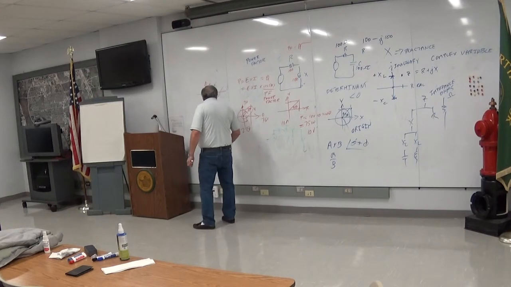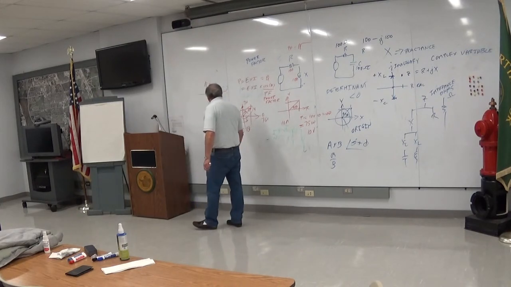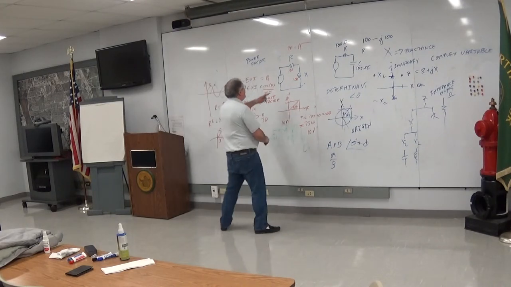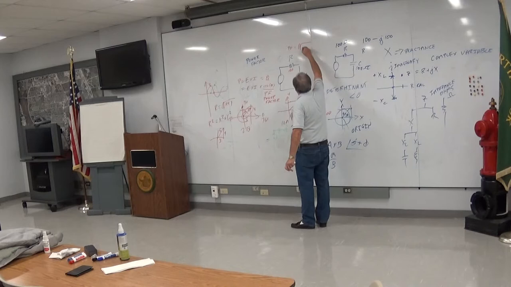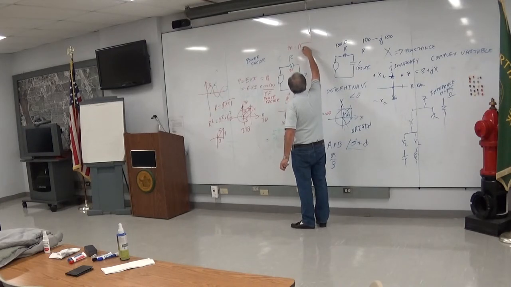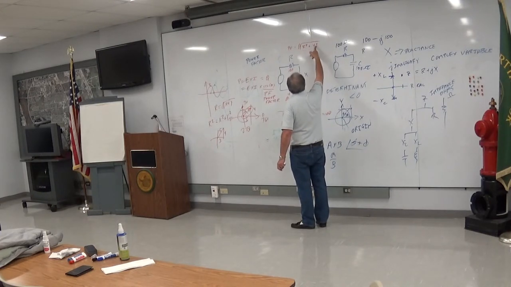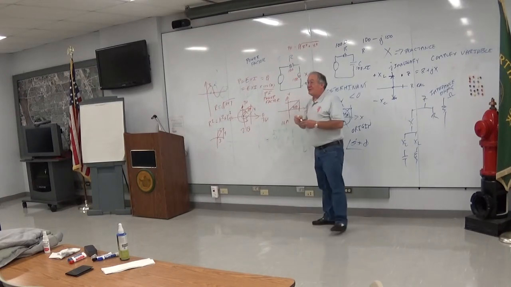Okay. If R squared equals X squared plus Y squared, then R is equal to the square root of X squared plus Y squared, which means to solve this problem, the power factor is actually the square root of the sum of the squares of the R value and the X value. Take that and square it, take that and square it, add them together, take the square root. That's your power factor.